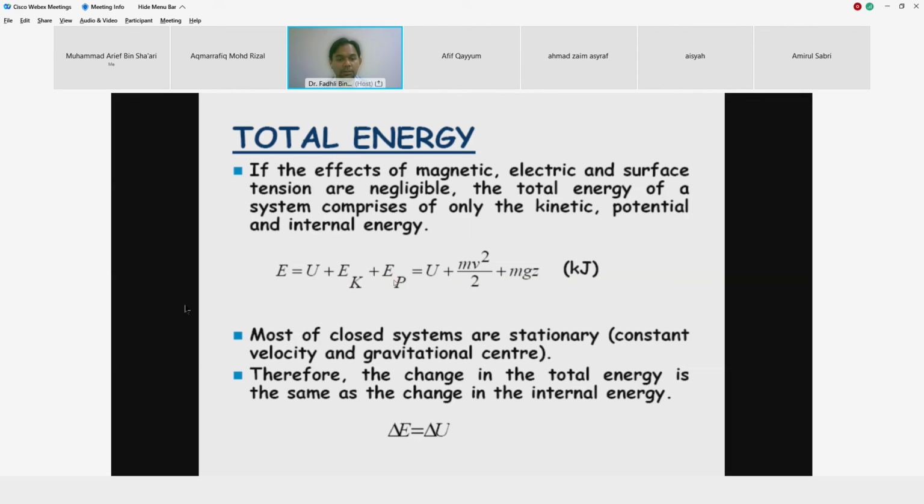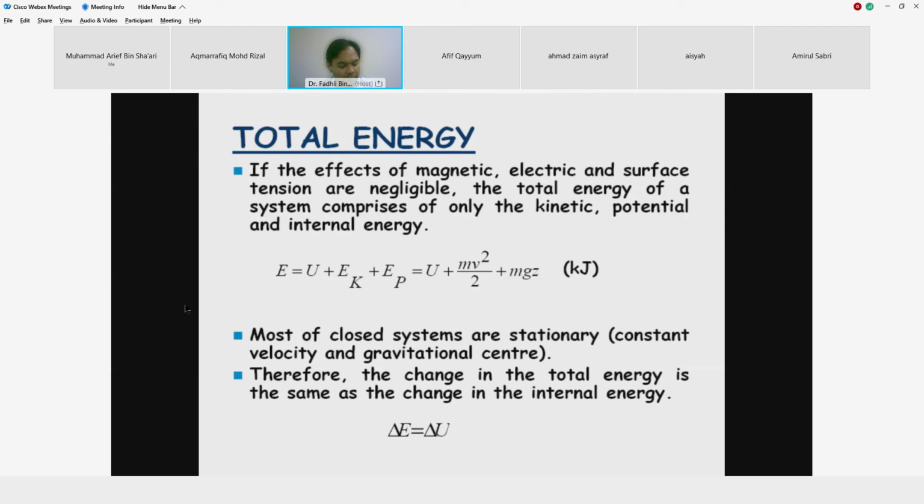That is the total energy. As I said just now, at point number 1, the total energy is U1 plus KE1 plus PE1. At position number 2, total energy is U2 plus KE2 plus PE2. So the change in the total energy means total energy at 2 minus total energy at 1. That is the change.